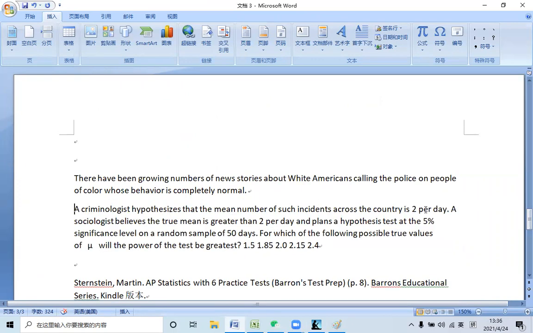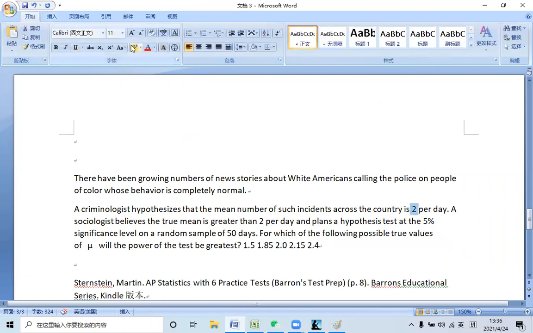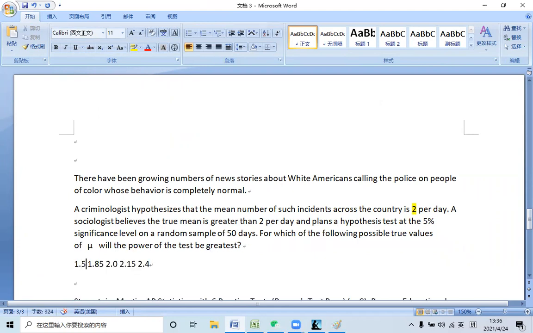The mean number is two per day, the predicted mean, and the sociologist believes the true mean is greater than two per day and wants to do a hypothesis test. For which of the possible true values of mu will the power be the greatest?